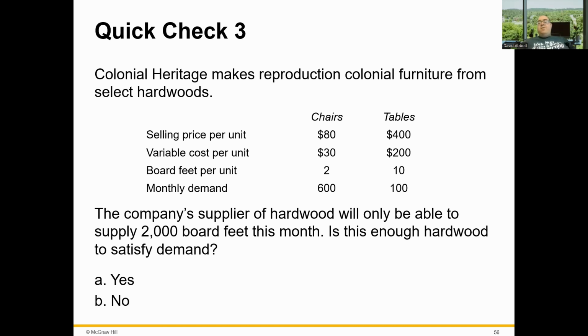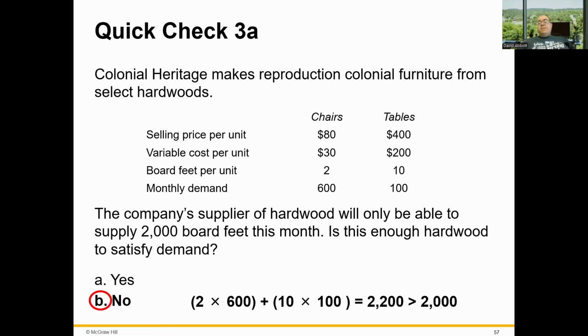Is that enough for the demand? We have to do some arithmetic there to find out. And it's not, because 2 times 600 plus 10 times 100 is 2,200, which is greater than 2,000.